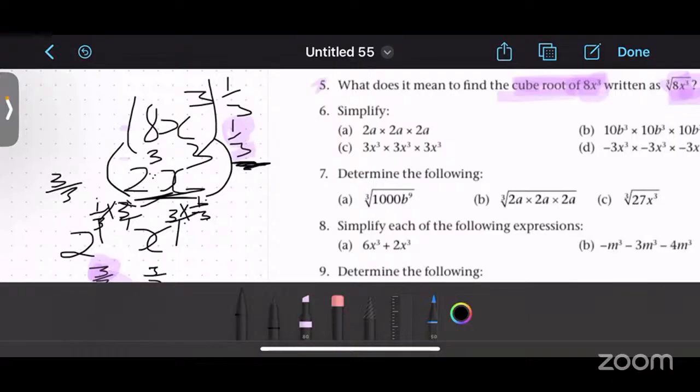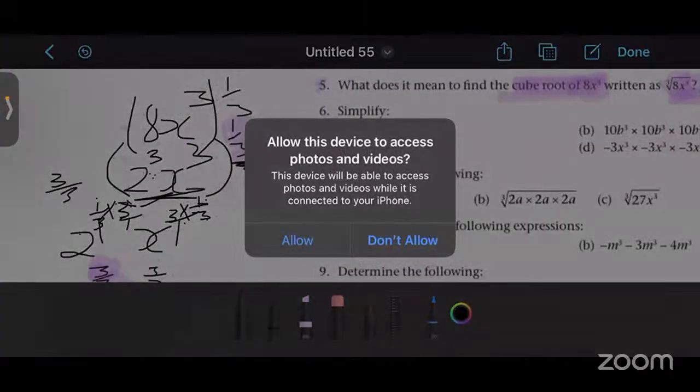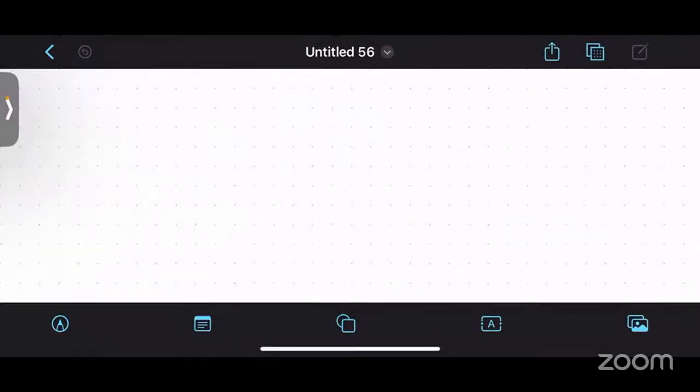Yes, it's 8a to the power 3. Ma'am, it's 8x to the power of 3. And how did you get that? Sorry. Allow this device to access photo. No, we're not allowing it.